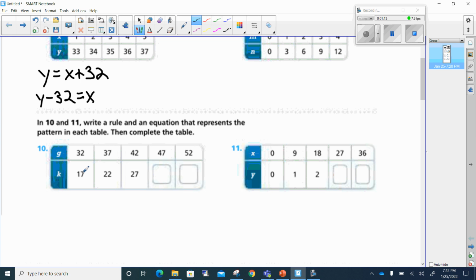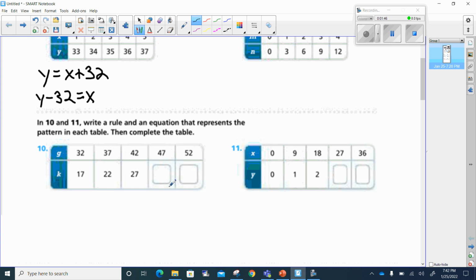When I look here, I see 17 and 32. That's a difference of, well, 15, right? Yeah. Then 22 and 37, that's a difference of 15. 27 and 42 is also a difference of 15, which means we're increasing by 15, or we could say we're decreasing g by 15, right?